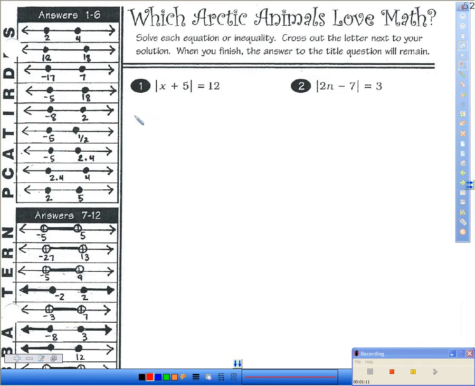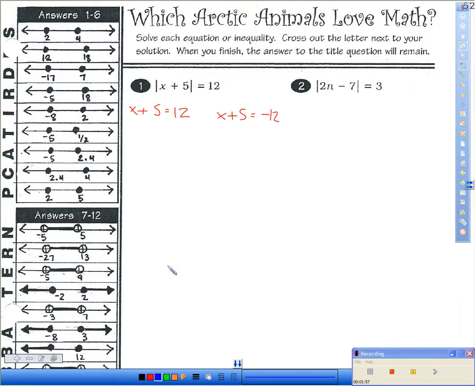Well, that means that x plus 5 could equal 12, or it means that x plus 5 could equal negative 12. Because if this expression equals negative 12, then when we take the absolute value of negative 12, we get positive 12. So typically when we're looking at absolute value equations or inequalities, we have 2 solutions or 2 equations or inequalities that we need to set up.